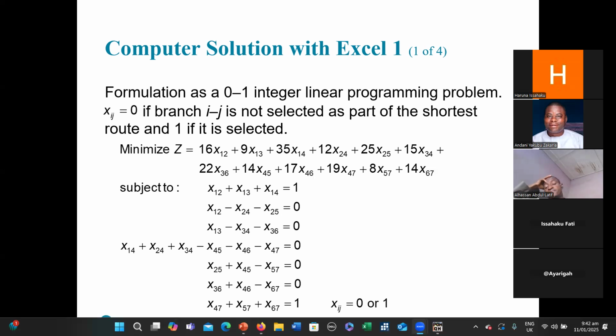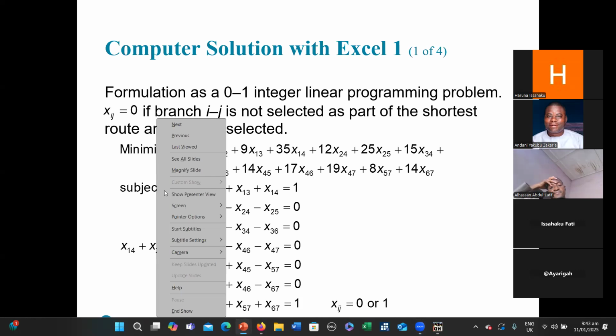If it is not selected, it is 0, and so on and so forth. And because this is a shortest route, it means that it's a minimization problem. So we are minimizing the total time that will travel across all the nodes. That is what the objective function is all about.